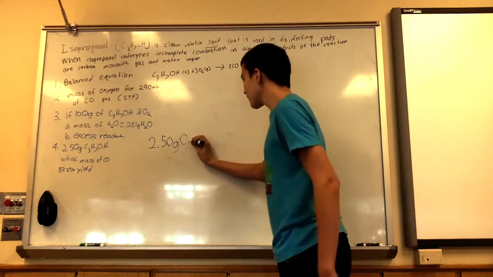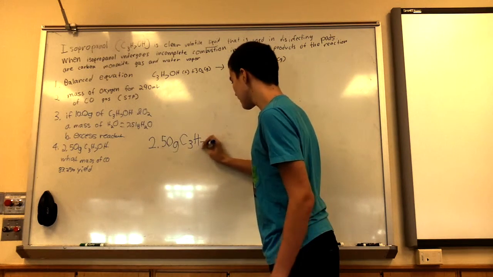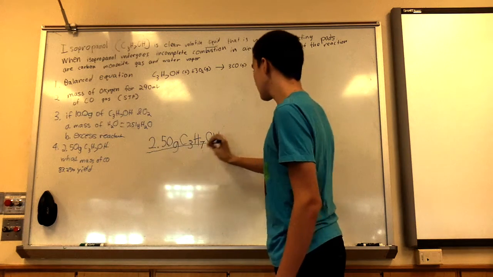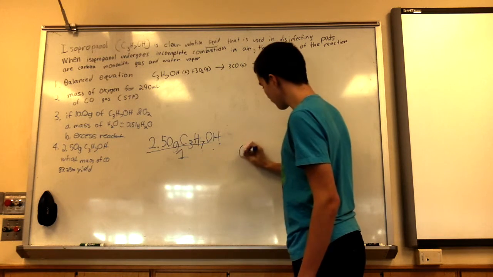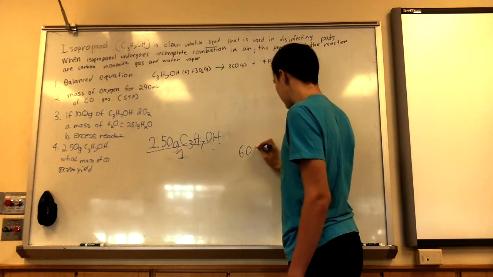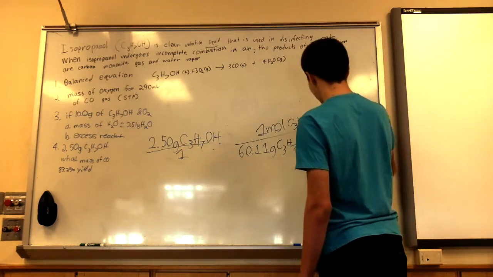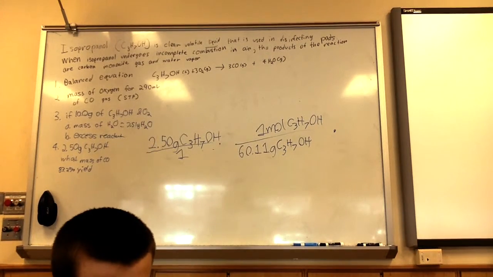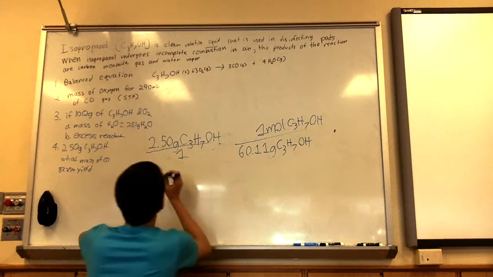So we're going to be moving on to number 4, which is if we have 2.50 grams of isopropanol and we have enough O2, how much carbon monoxide will be produced, assuming an 83.2% yield? Okay, so he took the 2.5 grams of isopropanol and he's converting it into moles.